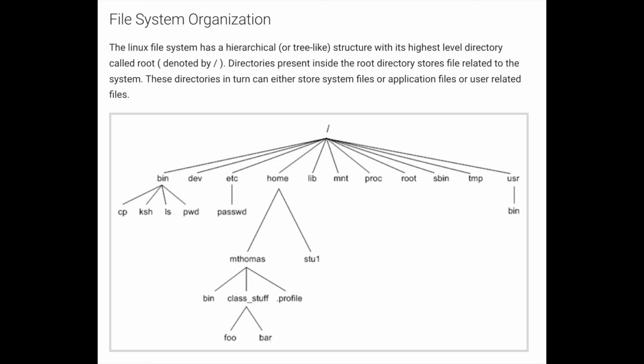Then is /etc, which is used for storing configuration files. The next is the /home directory, where user-related information is stored. For each user, there will be a directory inside the home directory. The /lib directory consists of all the library files that are used for execution. /mnt consists of files related to mounted devices in that system.